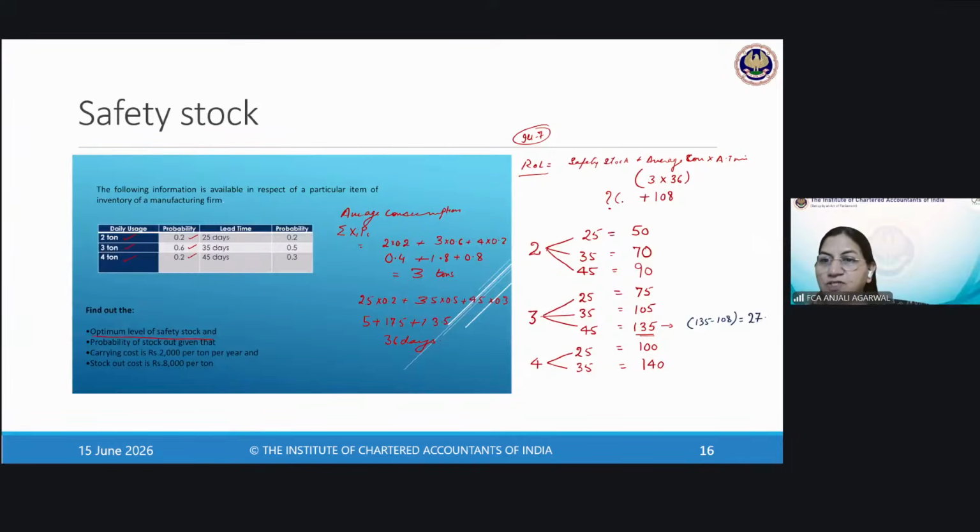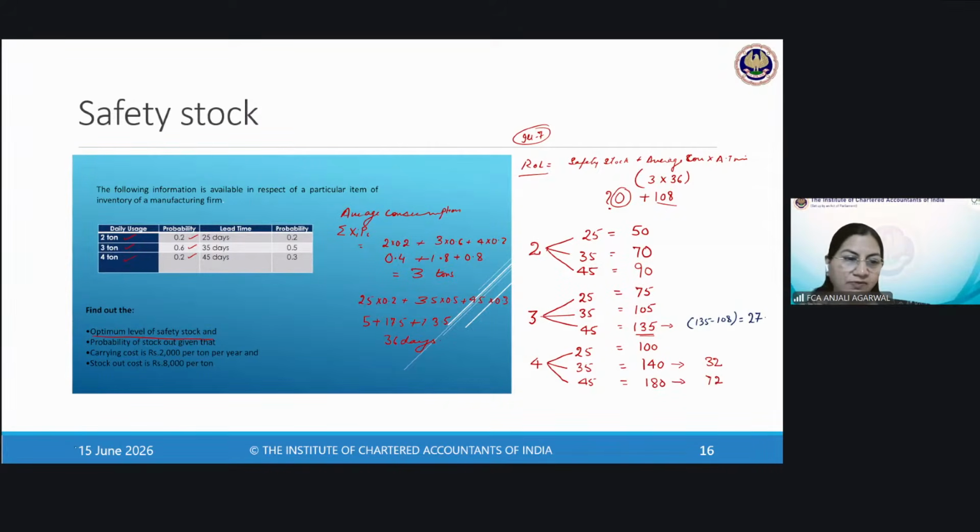If the safety stock is 0, you had placed an order at 108, you consume 140 in this scenario, so you are stock out by 32 units. And if it is 45 days, oh my God, it's 180. It took maximum consumption and maximum time, so you are short by 72 units.